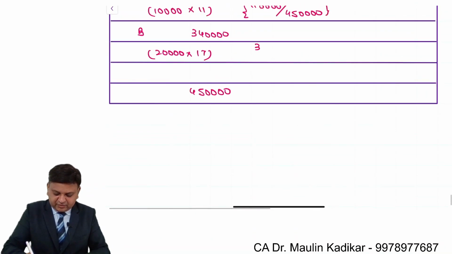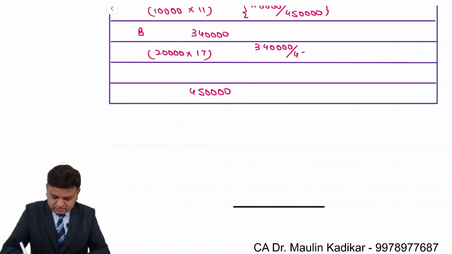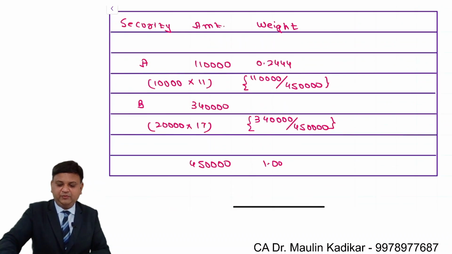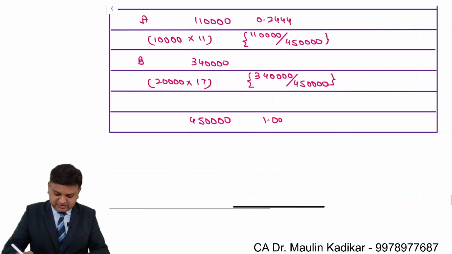And over here 3,40,000 divided by 4,50,000. Of course, we will keep the weight in such a way that the total is exactly 1. So 0.2444 is subtracted from 1. So 0.7556.